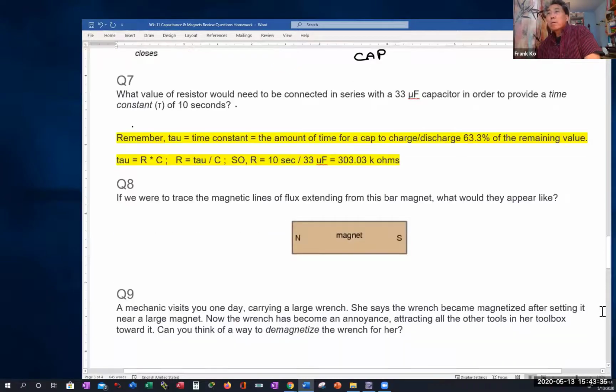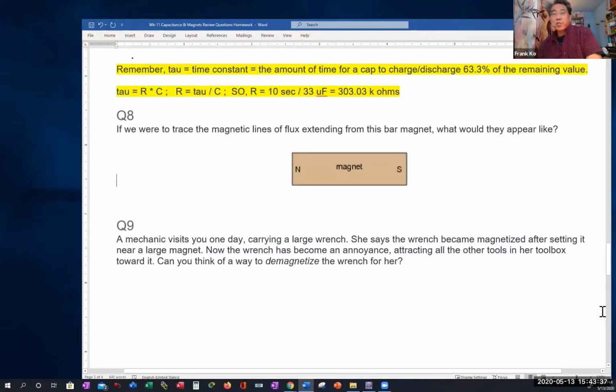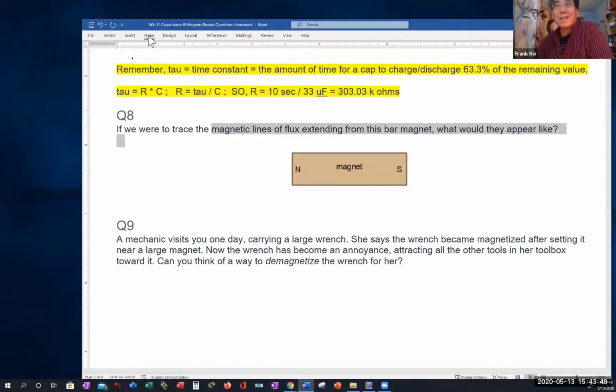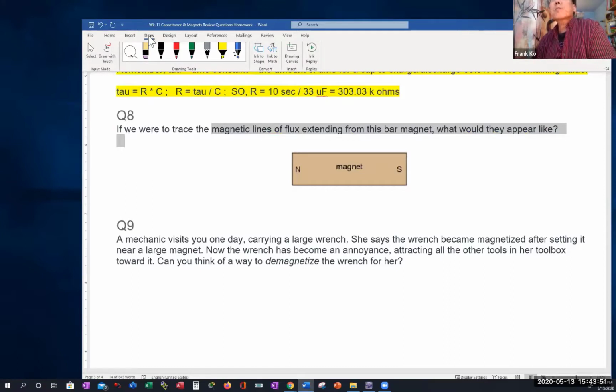Okay. Here, you're asked for some magnetic information, and so you need to draw the magnetic flux lines extending from this bar magnet. What would the flux lines appear like? So they would appear something like this. Pardon my mouse.